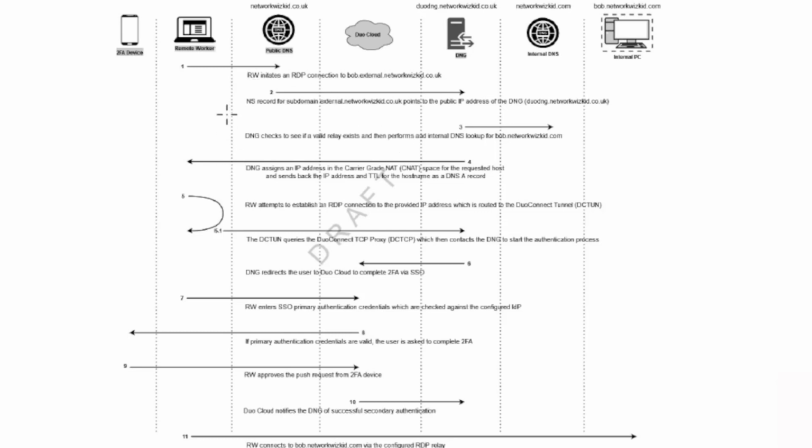So providing the DNG is all set up, we start essentially with step 1, and that is where the remote worker initiates an RDP connection to bob.external.networkwizkid.co.uk.